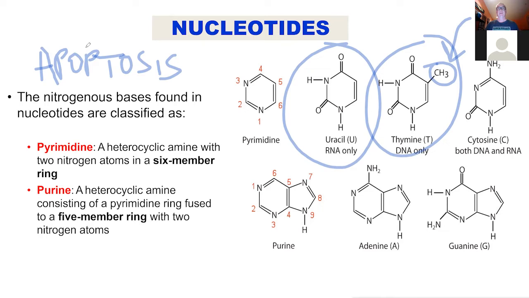So that's the first set of bases. The second set are called purines. Purines have 2 rings rather than 1, still with the nitrogens in them. And there's 2 basic purines. One is called adenine and the other is guanine.